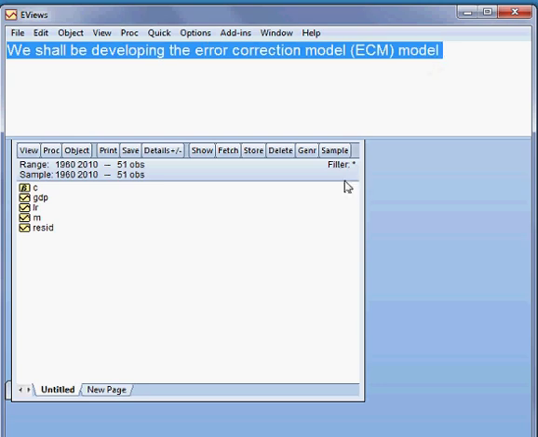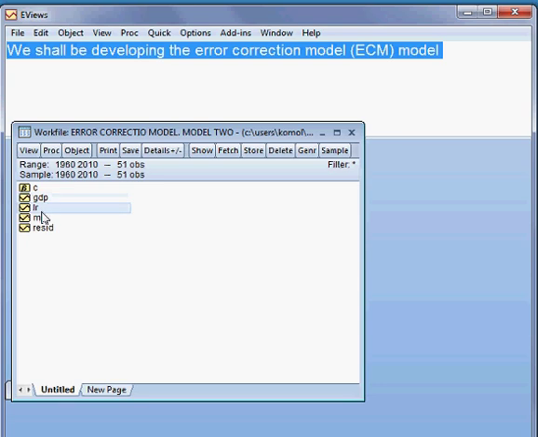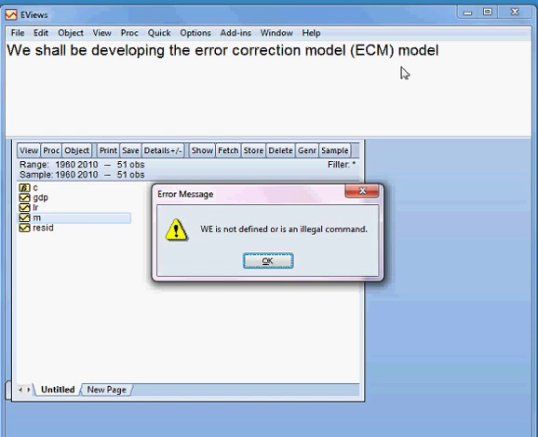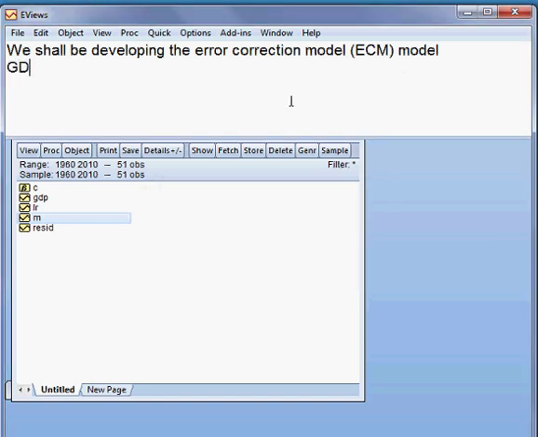And here we have three variables such as GDP, LR, and M. One is GDP. What is GDP? Gross domestic product. That is our first variable. Second variable is LR. What is LR? Lending rate by the bank.